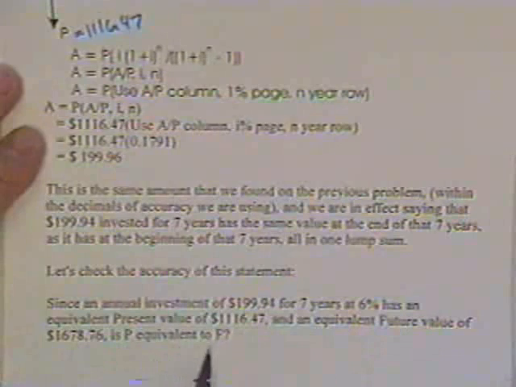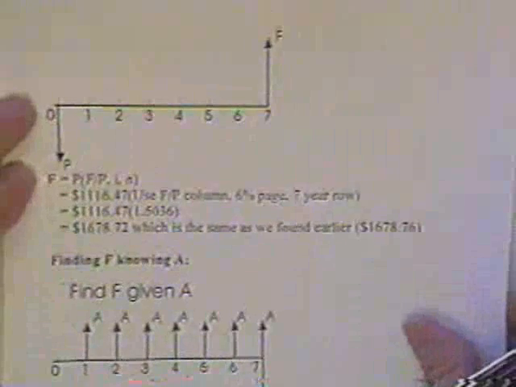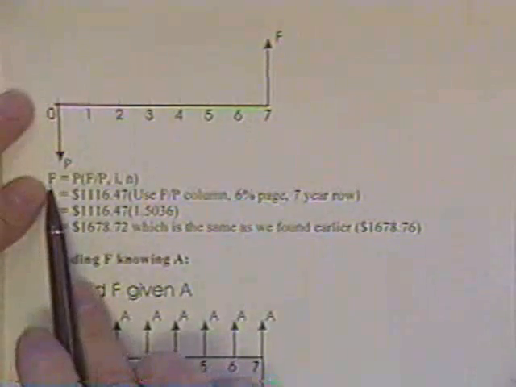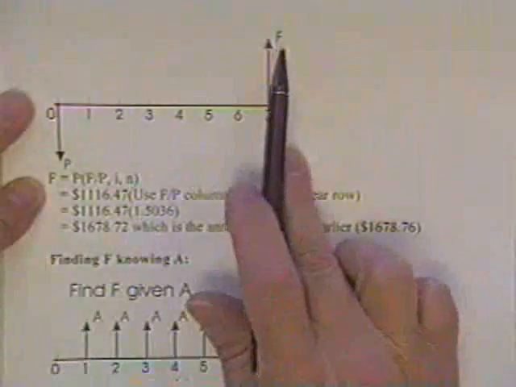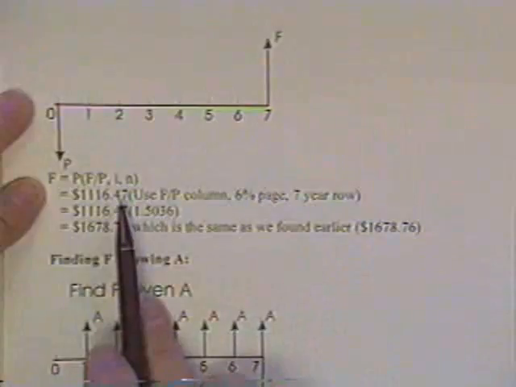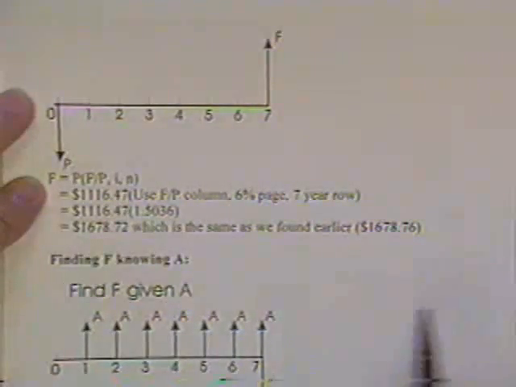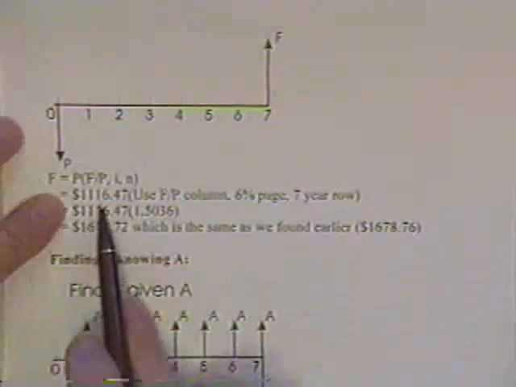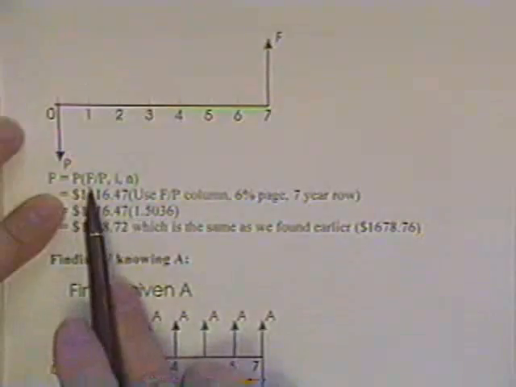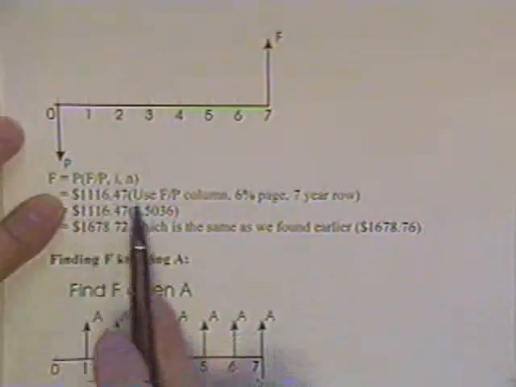Looks like P ought to be the same as F. In other words, if you were to solve for this future number, F, knowing a present number of 1116.47, you ought to get 1678.76. So we take 1116.47. We want to change the present value into a future value, which we think we know what that future value is, but we're checking it.